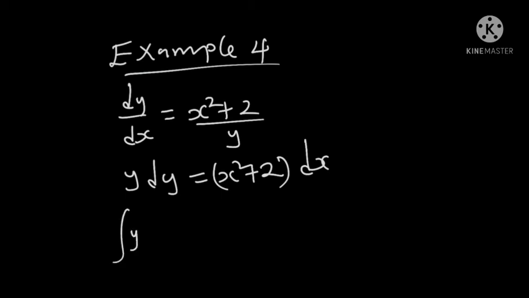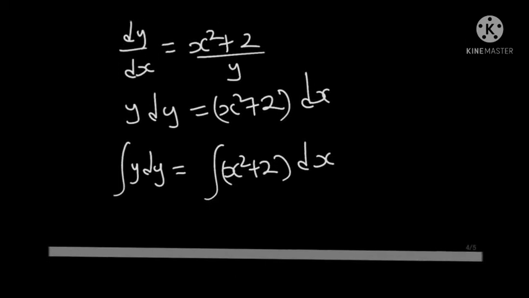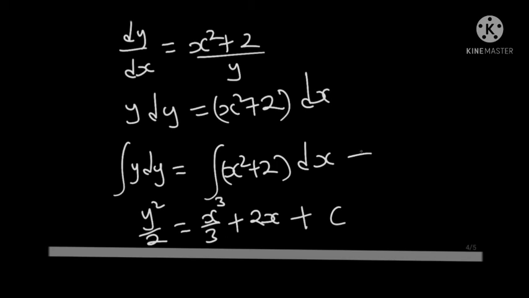So the integral of y dy equals to the integral of x squared plus 2 dx. Correct. The integral of y is y squared over 2 equals to the integral of x squared, which is x cubed over 3, plus the integral of 2, which is 2x, plus, of course, the constant of integration. And this is the required general solution.